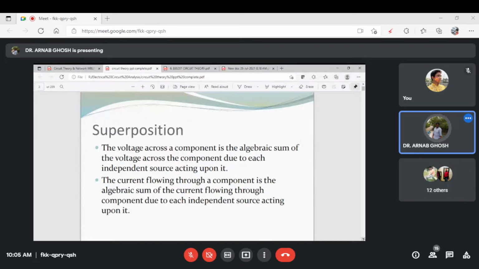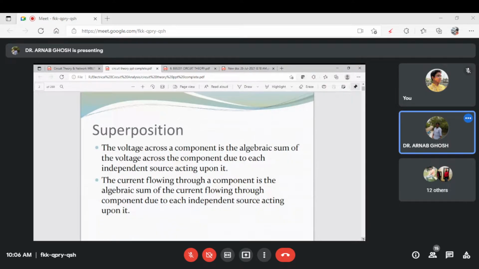Okay, so the superposition theorem states that in a linear bilateral network containing multiple independent sources, the current or the voltage across any branch in the network will be equal to the algebraic sum of the currents or voltage of each individual source considered separately, with all the other sources replaced by their internal resistances.